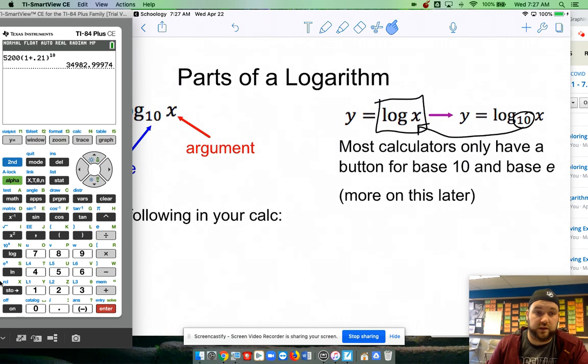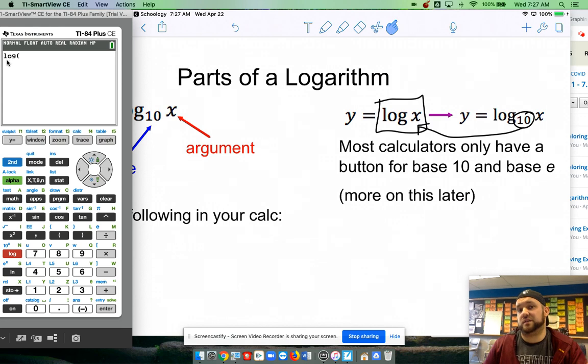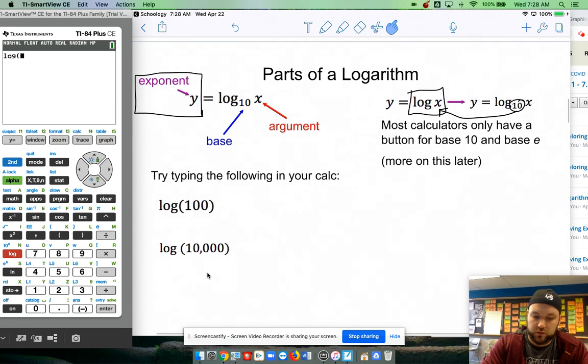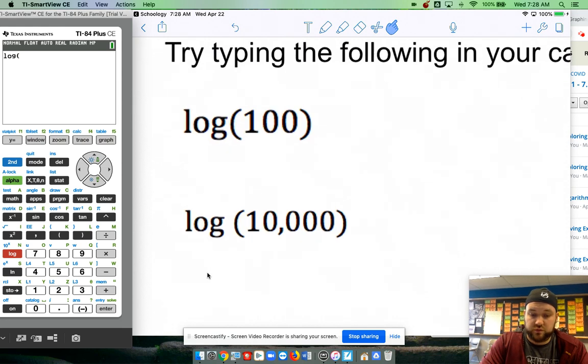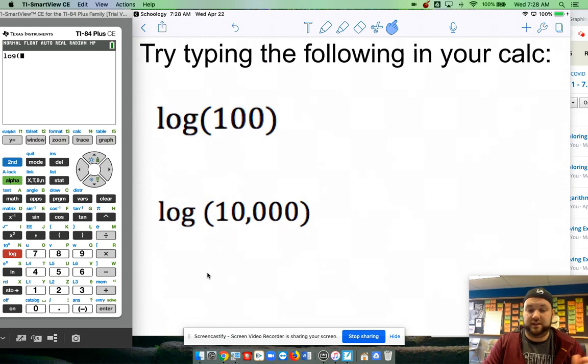Like right here on the calculator, if you hit this log button, there is no base with it because base 10 is used so often that there's a dedicated button for log base 10, but you don't have to actually type the number 10 in. So what we're going to do is try typing this into the calculator.